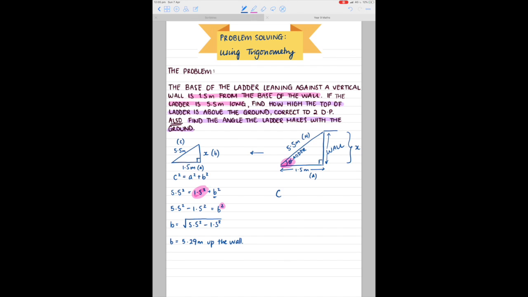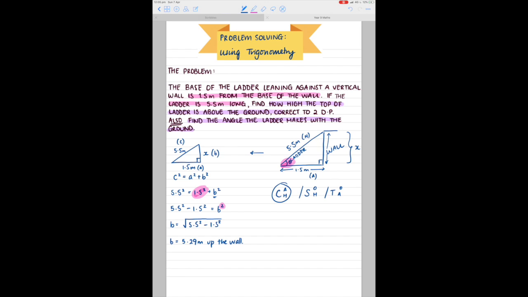Let's not forget that cos is adjacent over hypotenuse, but you could have also used sine, opposite over hypotenuse, or tan, opposite over adjacent. For the purpose of this example, I'm going to be using cos.